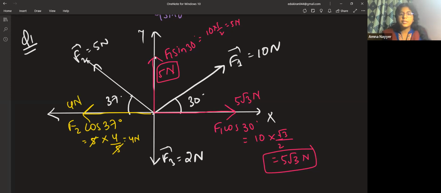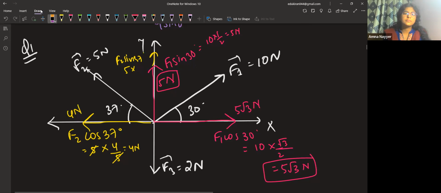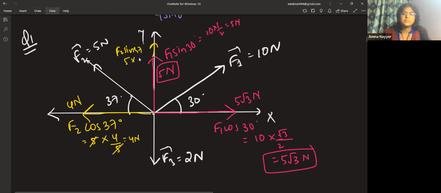And then perpendicular to it, here we'll have F2 sine 37. This is equal to 5 into 3 by 5, which is equal to 3. So this is equal to 3 Newton.